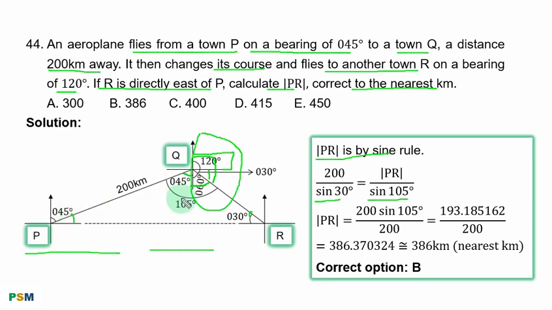You add it to 105 degrees, subtract the sum from 180 degrees. Sum of angles in a triangle here becomes 30 degrees. If you make PR the subject, you have it in this form and this results. When you divide, you have these results. To the nearest kilometer, we have 386 kilometers. The correct option is B.